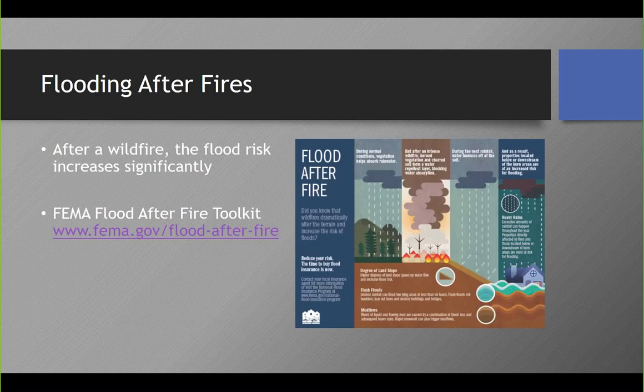So in areas of alluvial fans after a wildfire, the flood risk increases dramatically. We have seen examples in Parowan after the Brian Head fire and more recently in California after the Thomas fire in Santa Barbara and Ventura counties. I wanted to mention that FEMA has recently developed some excellent guidelines and messaging to help communicate the flood risk after wildfire.